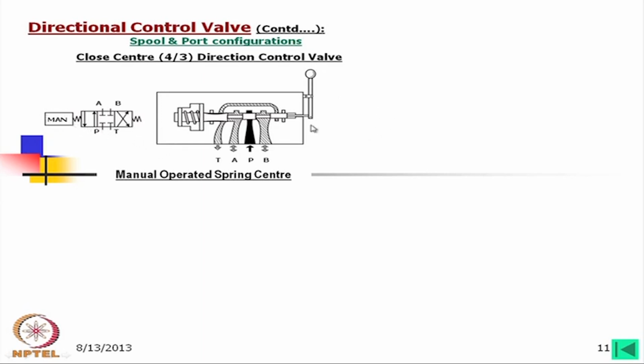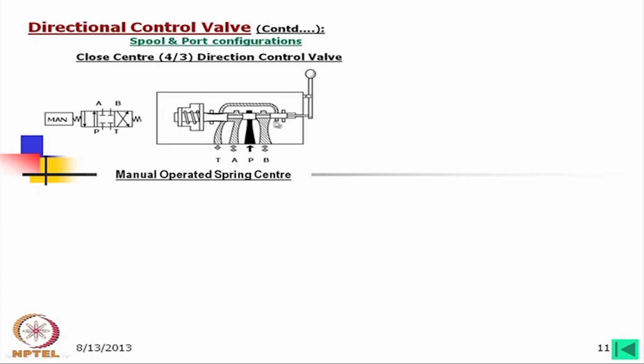If you look into this lever, of course, the symbol and this figure are in opposite directions. We operate this lever to push the spool to the left side or right side.